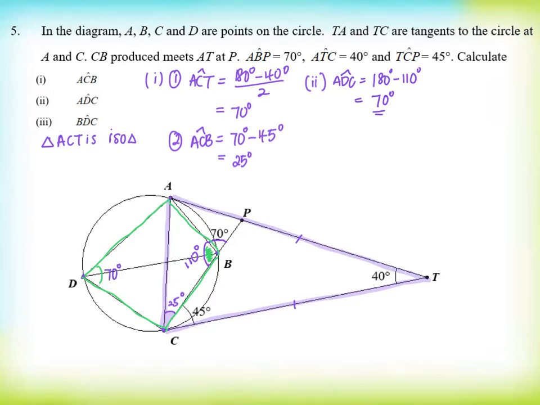Last but not least, let us find out the answer for part 3, angle BDC. Now, in order to find BDC, I noticed that it's being cut into a couple of lines. Now, we have a butterfly over here.